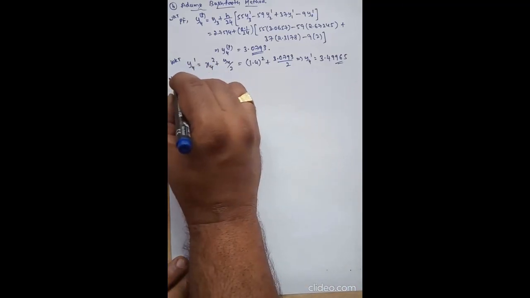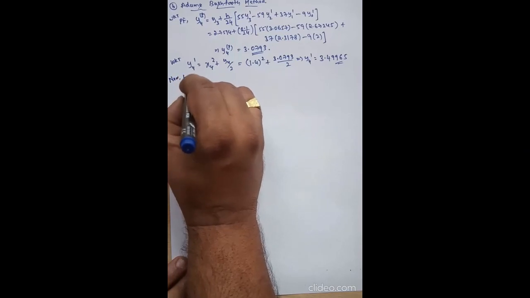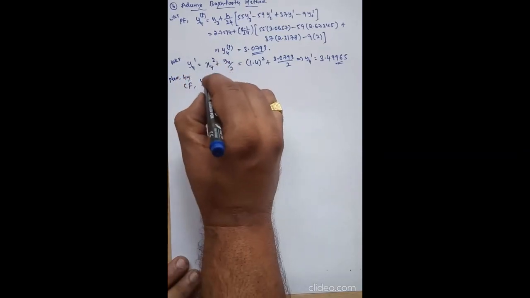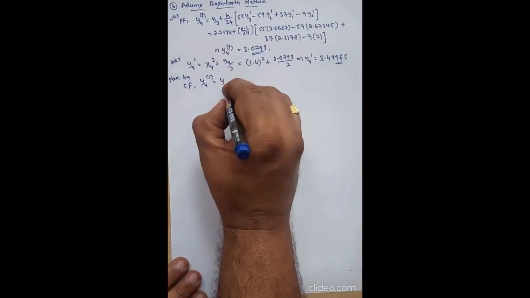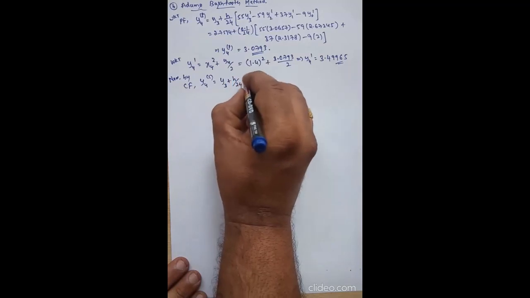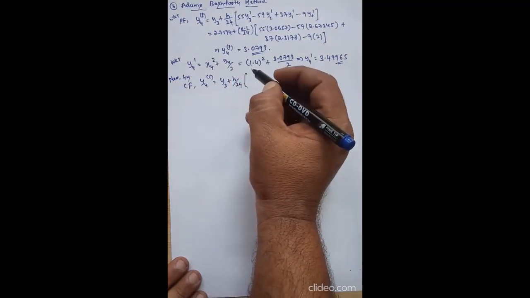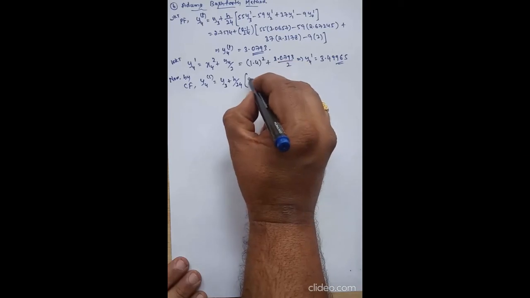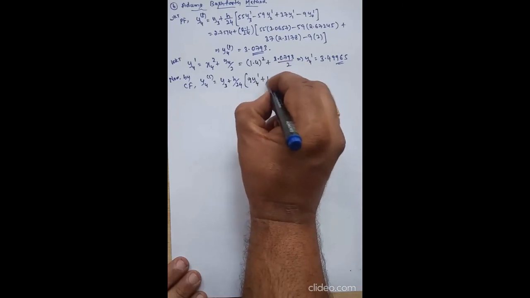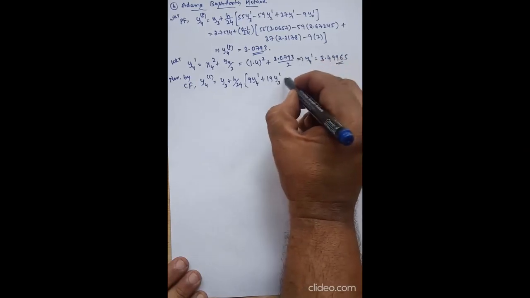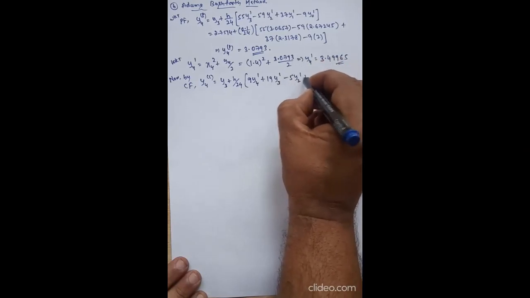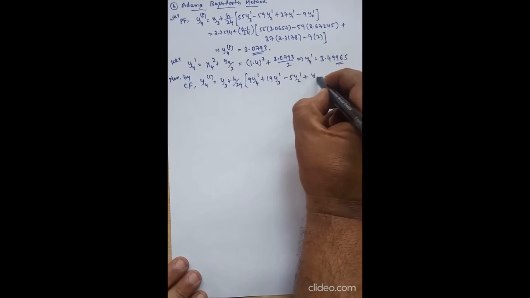Now y4 power c equals, write the Adams-Bashforth corrector formula. It is y3 plus h by 24 into 9 y4 dash plus 19 y3 dash minus 5 y2 dash plus y1 dash.